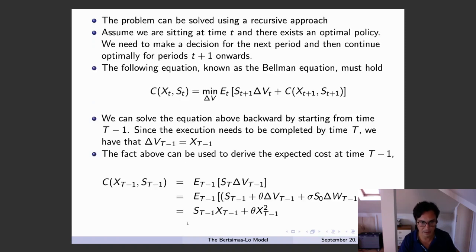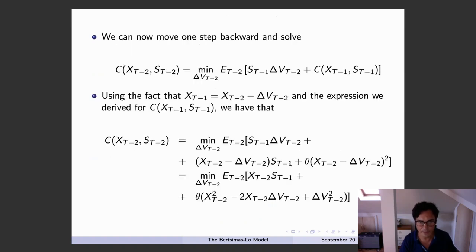And then we make use of the fact that x at T minus 1 is actually x at T minus 2 minus the quantity executed at capital T minus 2, of course. We substitute it here, and we get this expression for the cost.